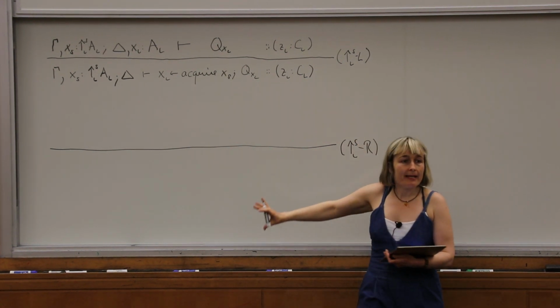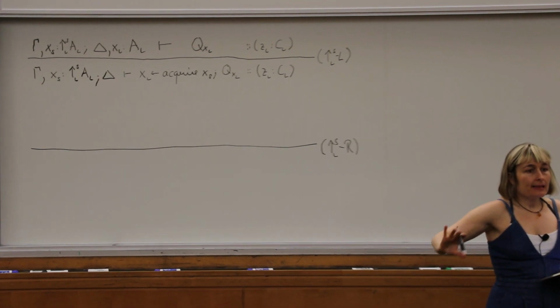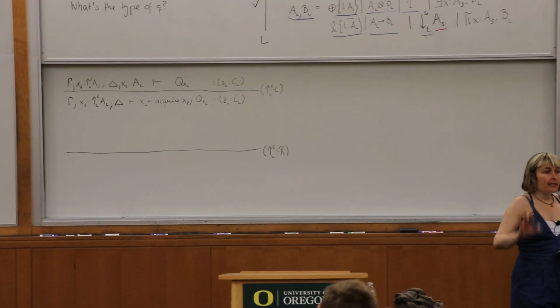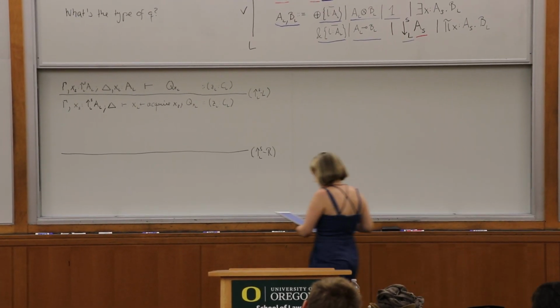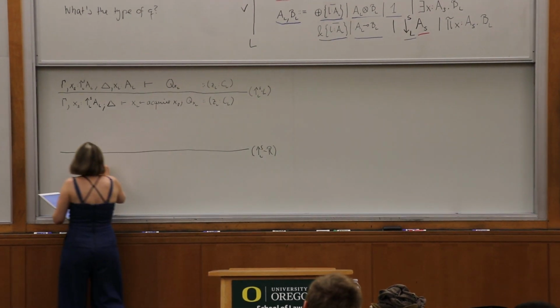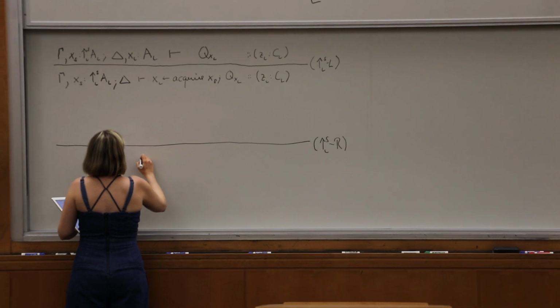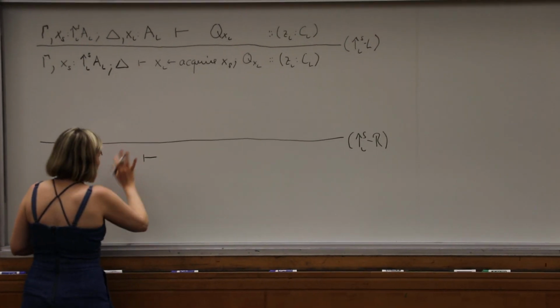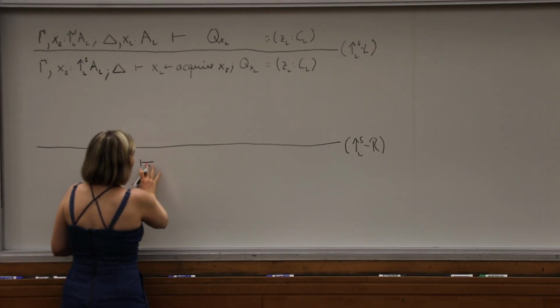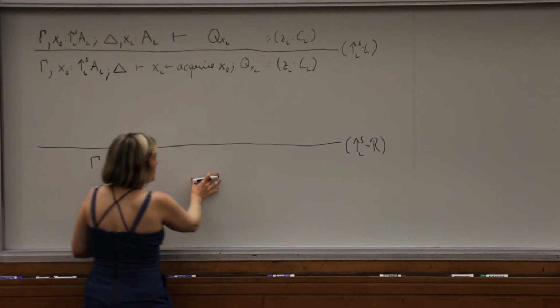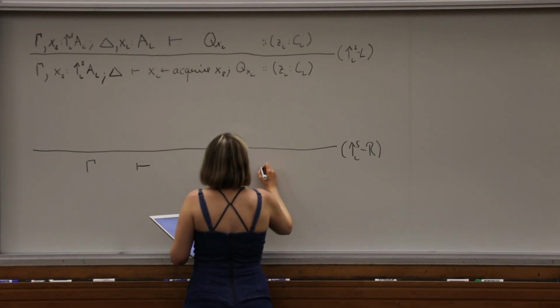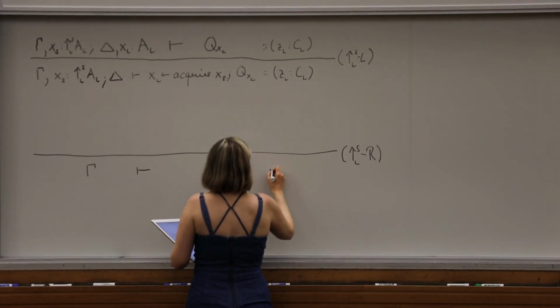Something that can be acquired. Is it linear or shared? It's shared. All right. So that means it's going to have a gamma, and maybe something here we don't know yet. Turnstile, the process term, and then over here, it's going to offer something.